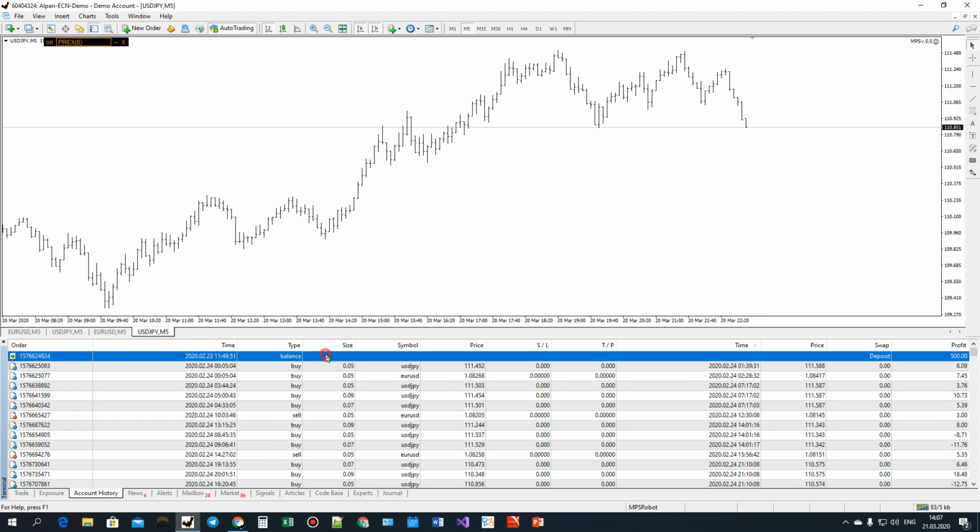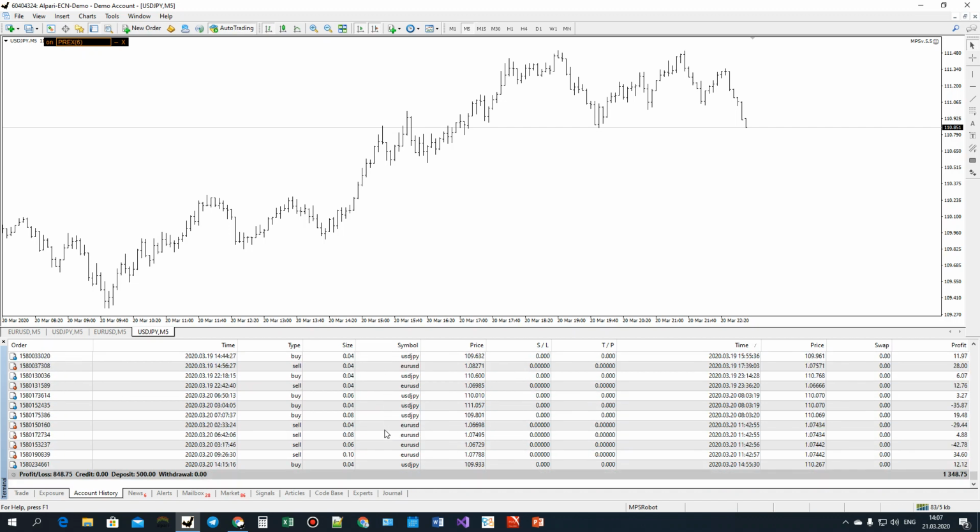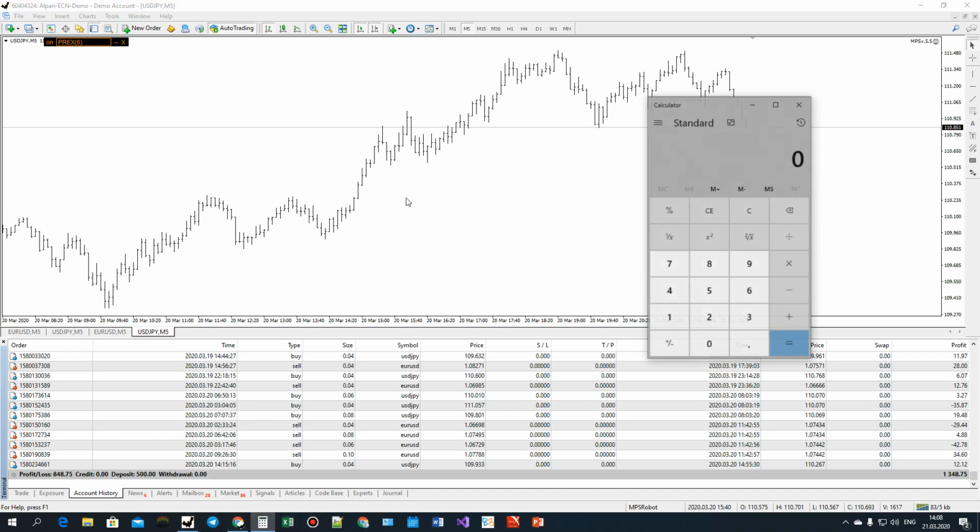Looks like we have all history because the first one is the 23rd of February 2020, and it is depositing $500. Here are the trades. Okay, and we have a profit of 848, and the total amount is 1,348.